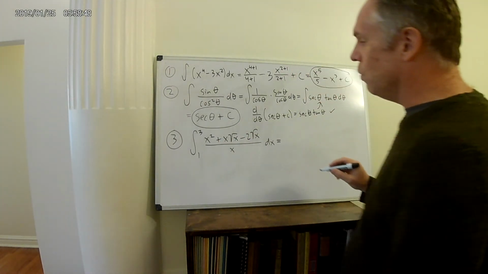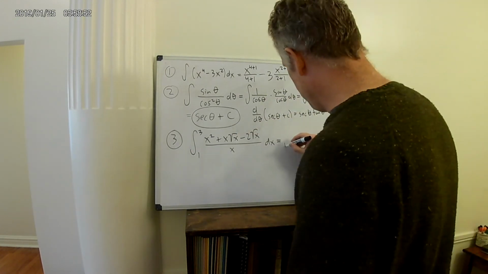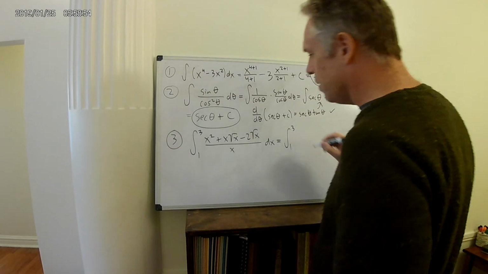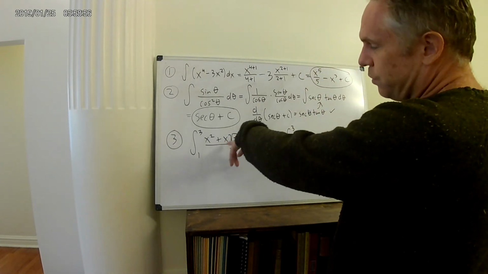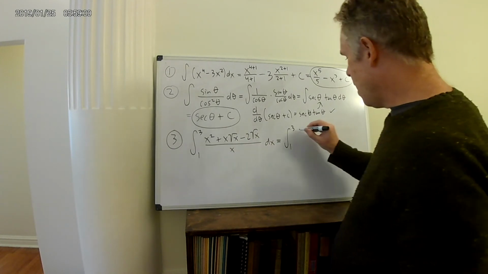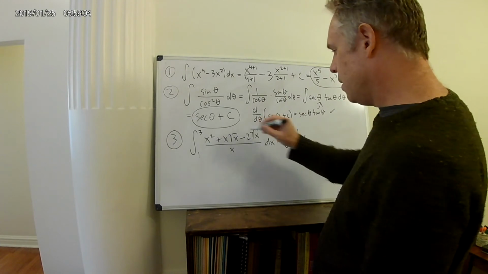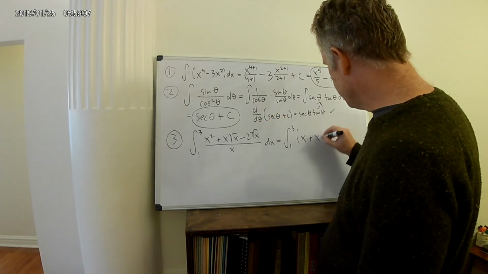So what I can do is try to find the antiderivative function to this function. Now what I'm going to do here is simplify things. The first thing I can do is, this looks kind of scary, but I can divide every term here by x, because x is in the denominator. If I do that, I get x plus x to the 1/2.